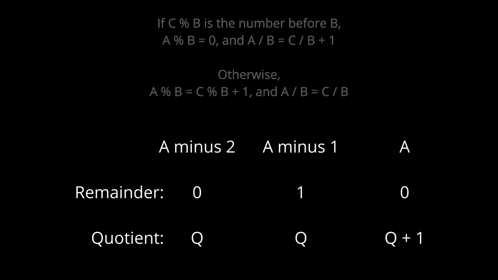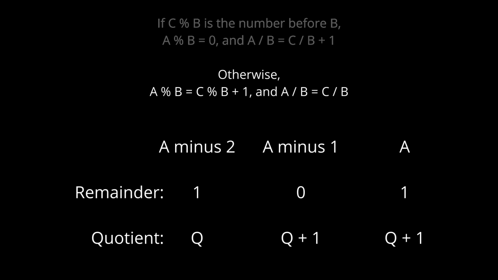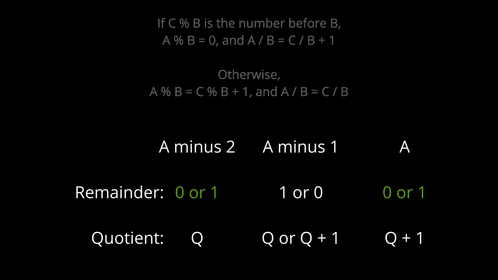Otherwise, if A minus 2 divided by 2 has remainder 1, then A minus 1 divided by 2 would have remainder 0, and quotient 1 more than A minus 2 divided by 2, and A divided by 2 would have remainder 1 again, and quotient also 1 more than A minus 2 divided by 2. Either way, A has the same remainder as A minus 2 when divided by 2, and a quotient that's 1 more than the quotient of A minus 2 when divided by 2.